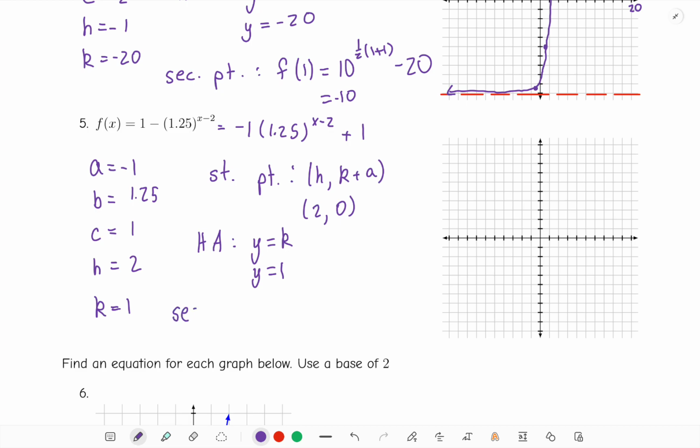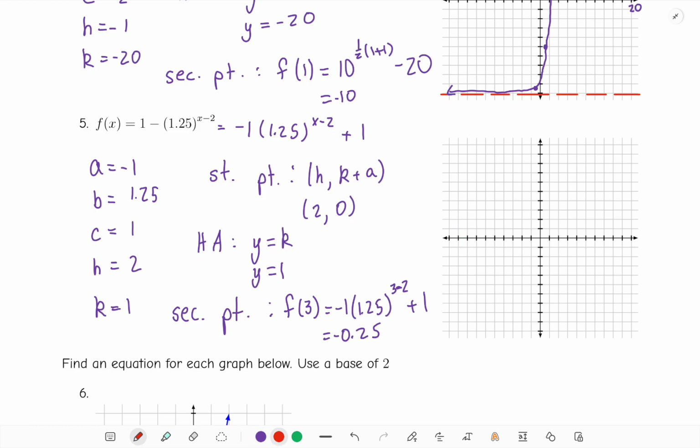And then our second point here, what would be a good point? 3. Equals -0.25.